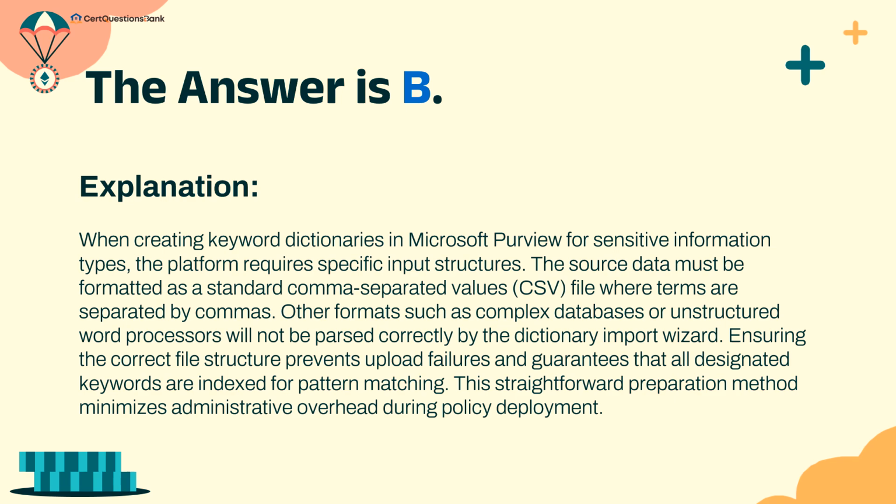Other formats such as complex databases or unstructured word processors will not be parsed correctly by the dictionary import wizard. Ensuring the correct file structure prevents upload failures and guarantees that all designated keywords are indexed for pattern matching. This straightforward preparation method minimizes administrative overhead during policy deployment.